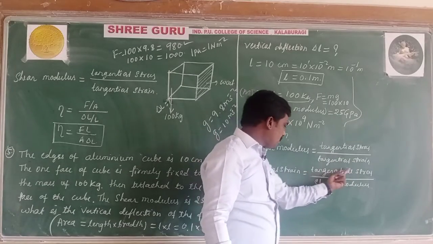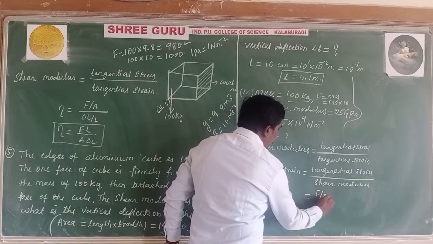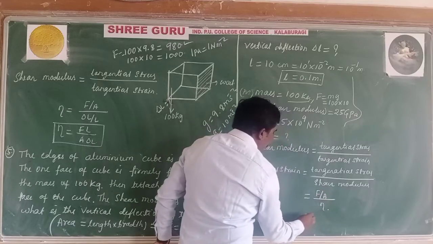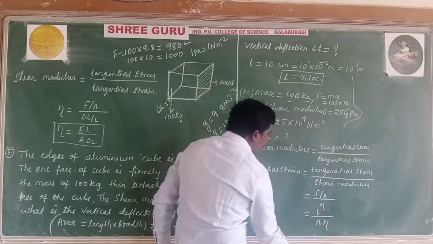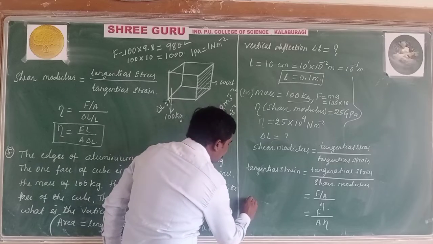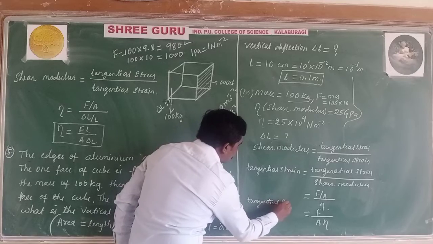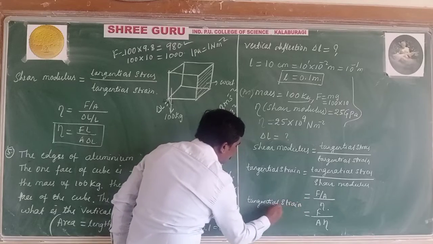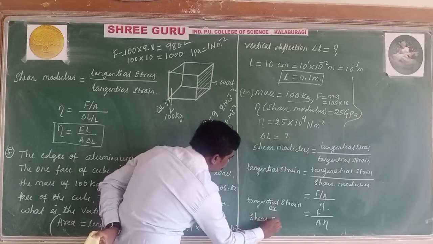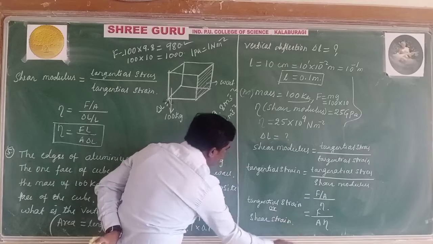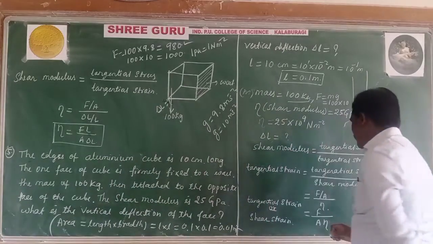We can write shear strain as shear stress by shear modulus. Stress is force acting per unit area, and the modulus is eta. This is called tangential strain, or shear strain, as both are the same.